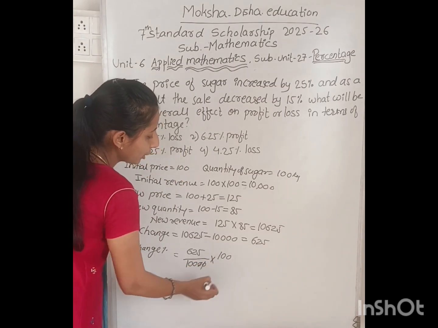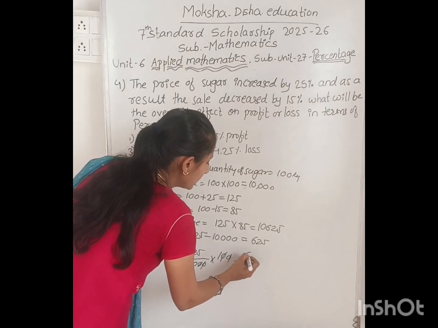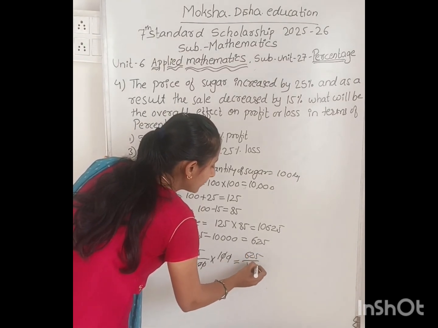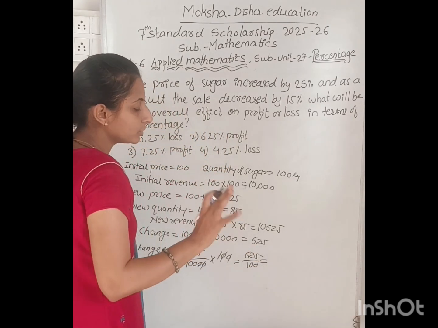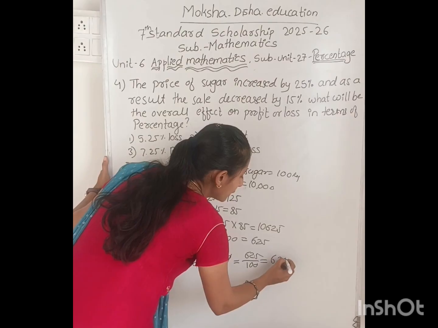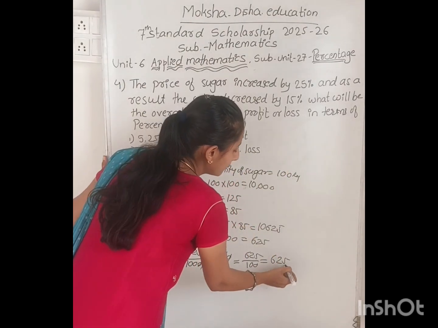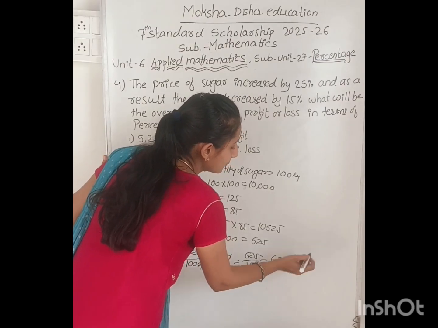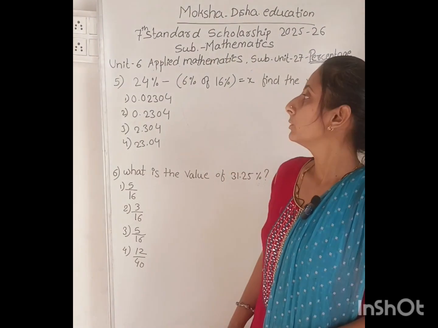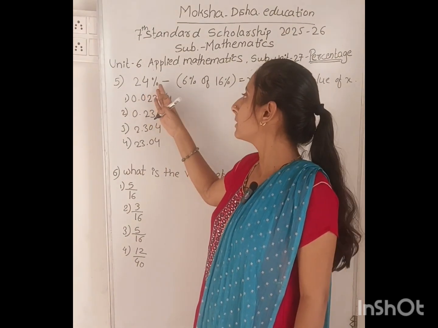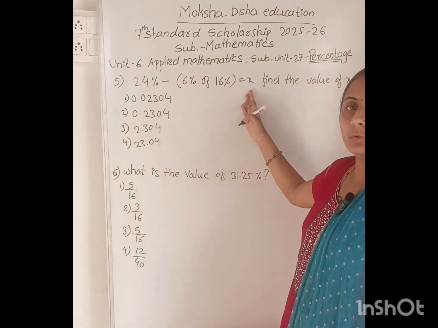These two zeros from denominator and two zeros from numerator get cancelled, equals 625 upon 100. Convert this fraction into decimal form. In the denominator two zeros are there. So we will shift that decimal point two digits from the left hand side. 1, 2. So 6.25% is a profit.